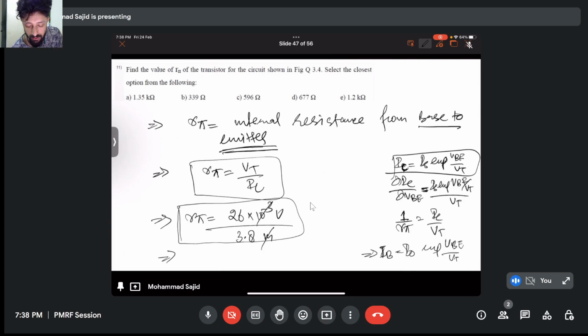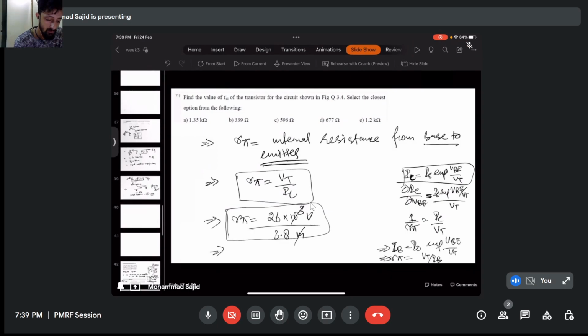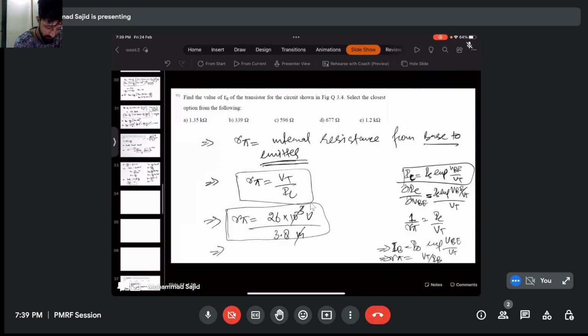Then I can find this R pi as VT by IB. Let me just first go to how we define this relation.